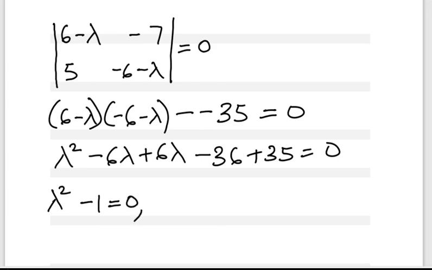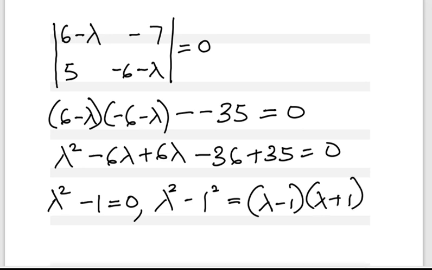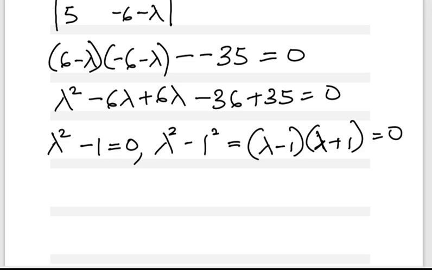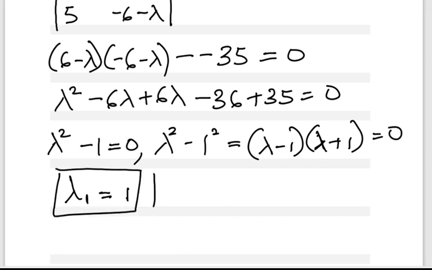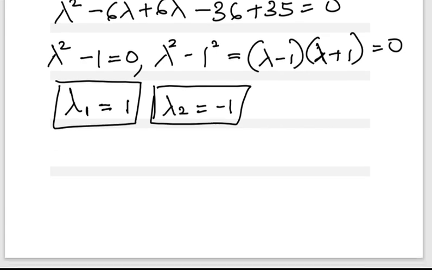What is lambda squared minus 1? It's the same as lambda minus 1 times lambda plus 1, and this equals 0. This implies that lambda 1 equals 1 and lambda 2 equals negative 1. So we found our eigenvalues.